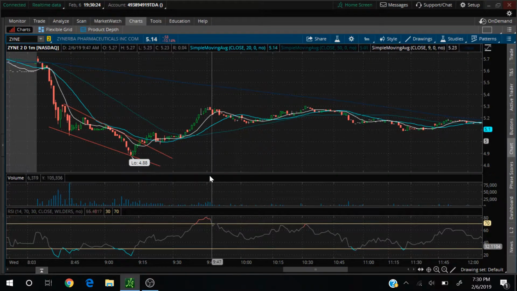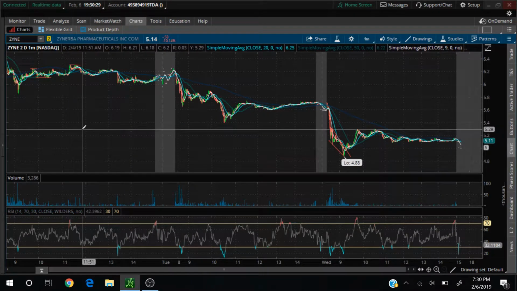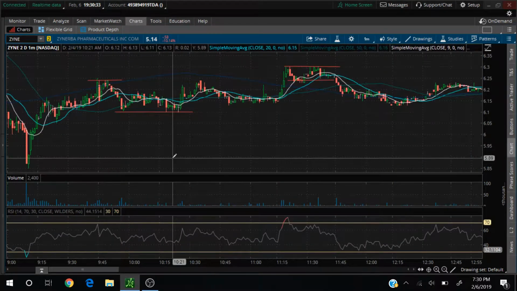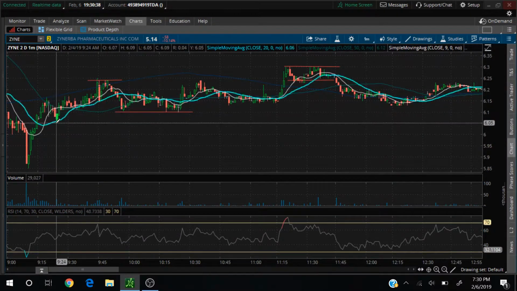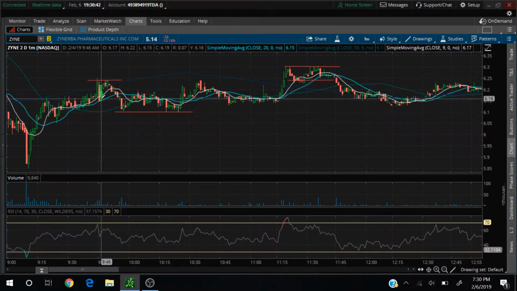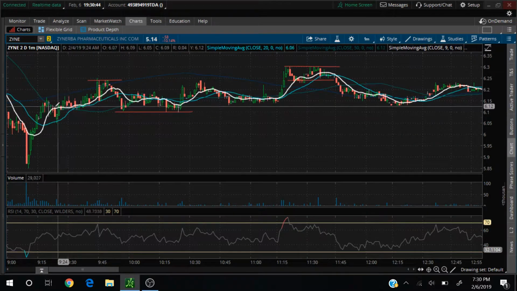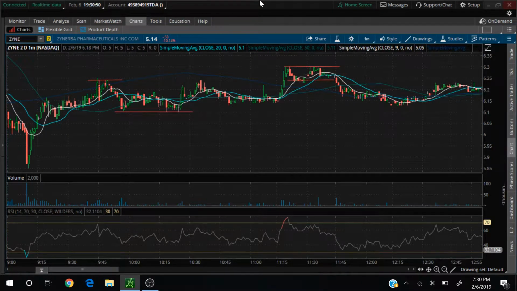So let me try to find a good example. For example, we see here that this price point touched this line, and then touched it again right here. And by probably the second touch or the third touch, people are starting to say, okay, this is probably a support.